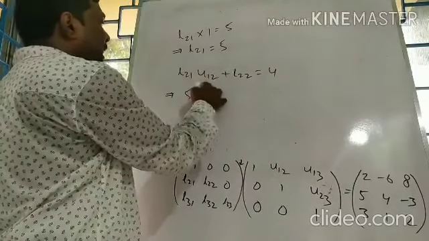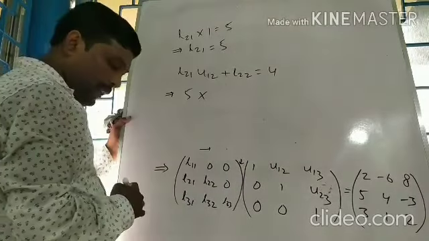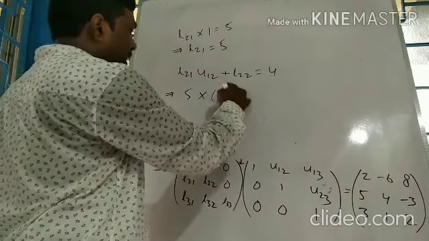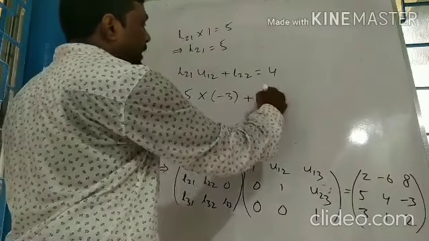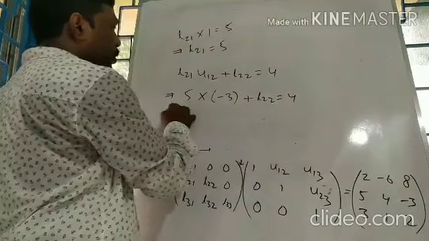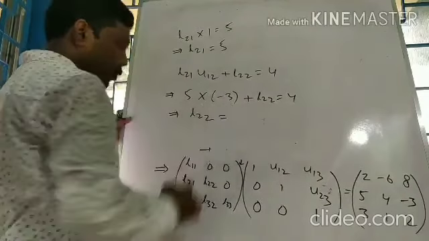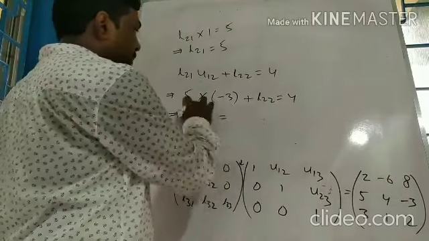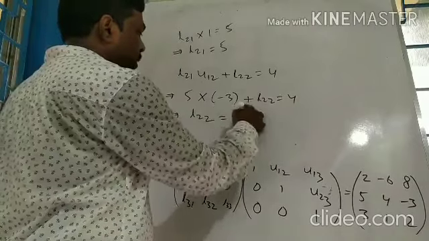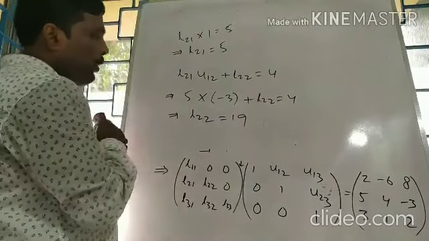L21 is 5, U12 is minus 3, plus L22 equals 4. So L22 equals 15 plus 4, it is 19.